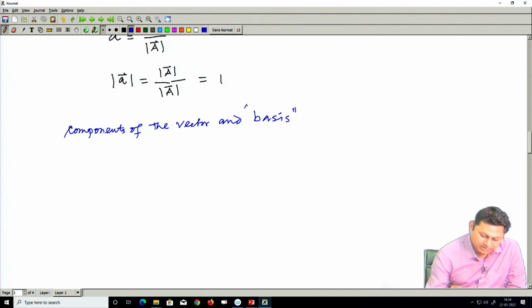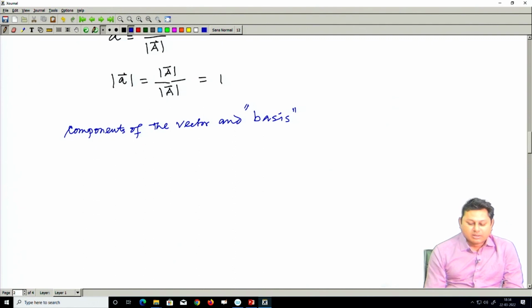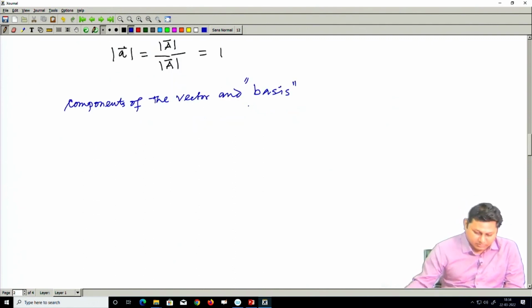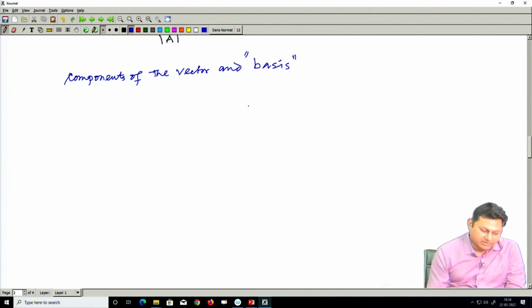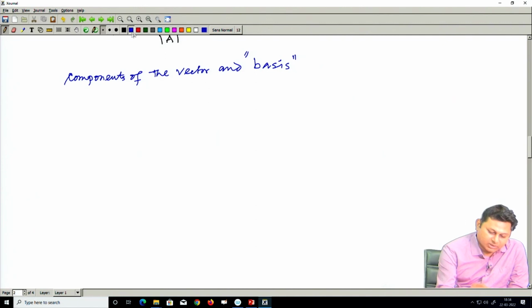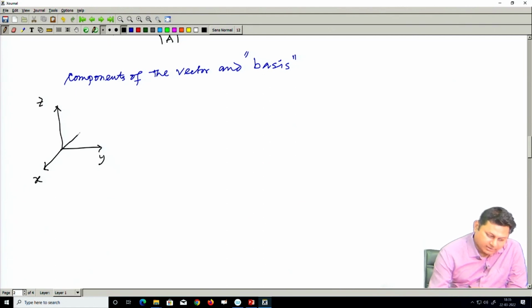What do you mean by basis? That I would like to explain here. So, what is a component of the vector and what is basis? I already mentioned that a vector can be defined in a coordinate system, and if this is a Cartesian coordinate system x, y, z, I can define a vector like this.